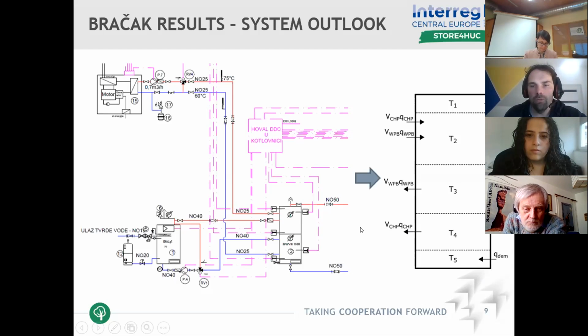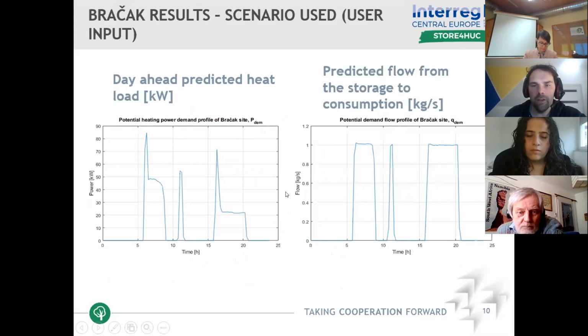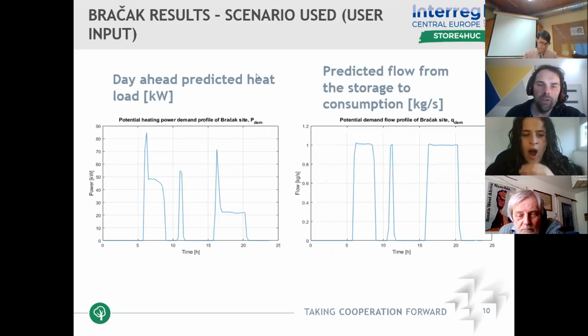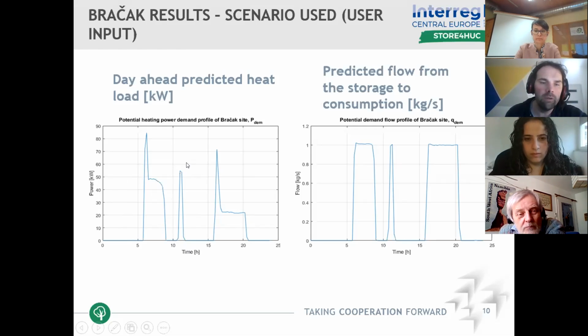And now just going directly to the scenario we used for the Bračak site. So this is the load we assumed for the Bračak site. You see it is heating power in kilowatts, and you see how it behaves throughout the day. It has a peak in the morning and a peak in the evening, and just one additional small peak in the middle of the day.